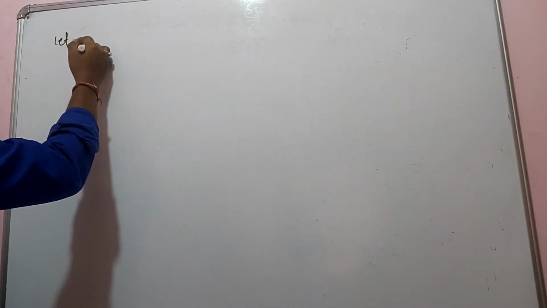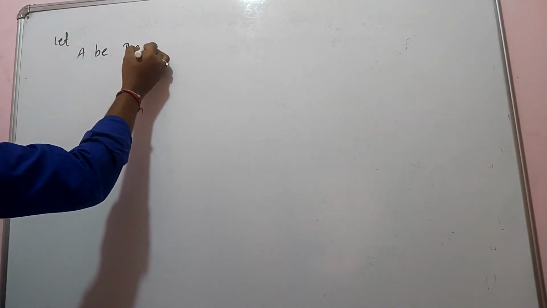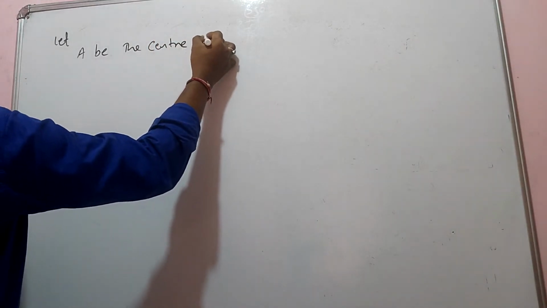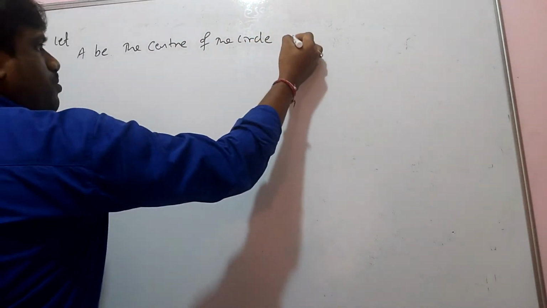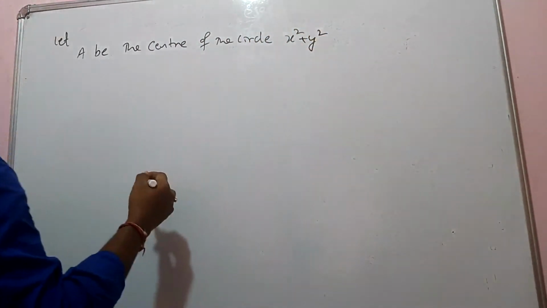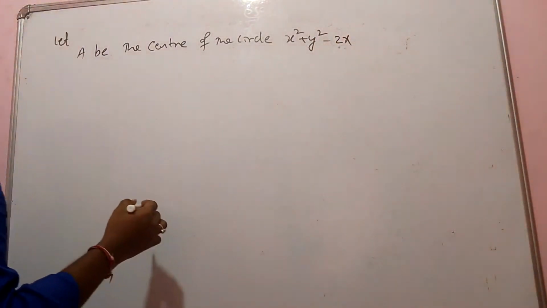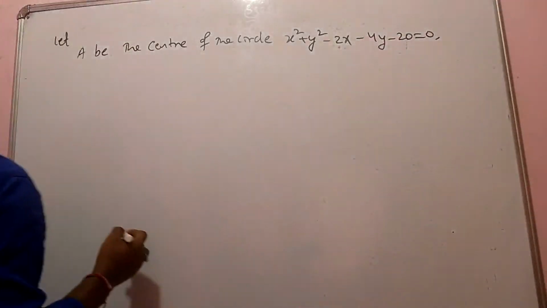Okay. Now we'll solve questions based on that. Let A be the center of the circle x square plus y square minus 2x minus 4y minus 20 is equal to 0.